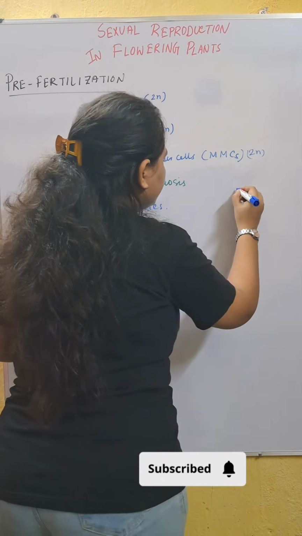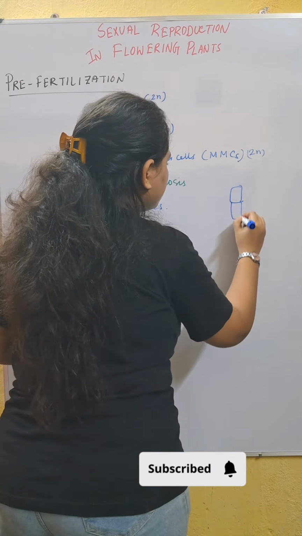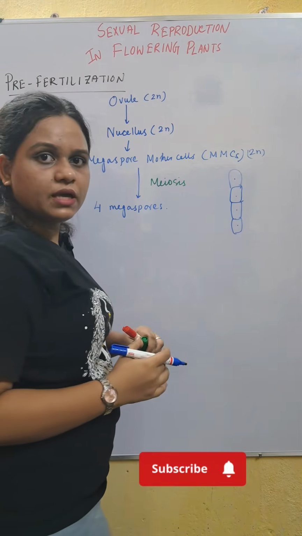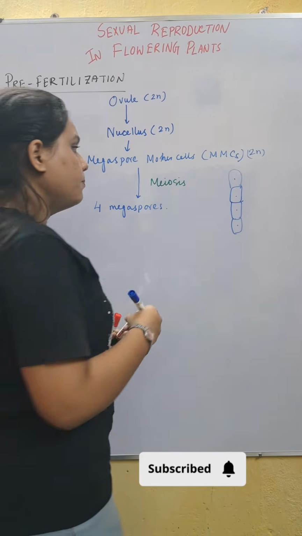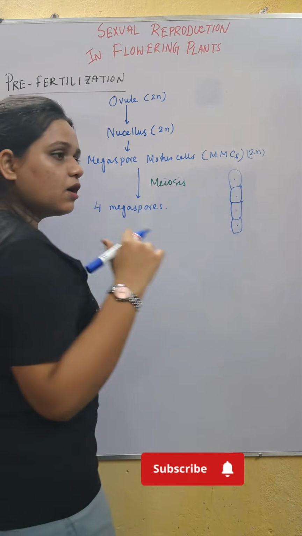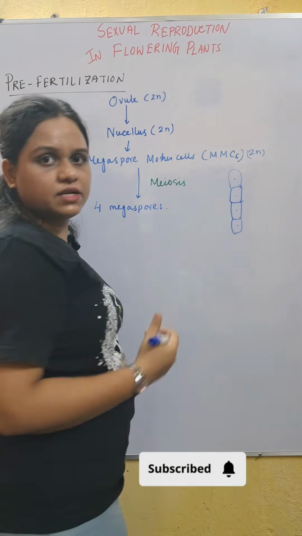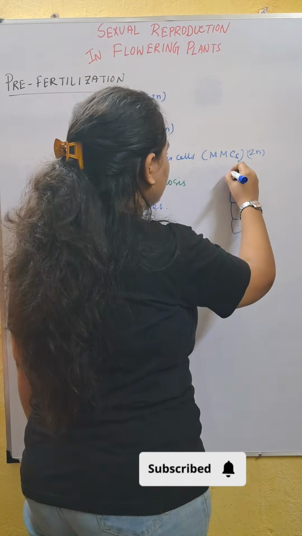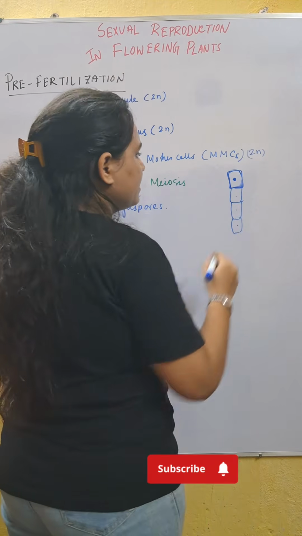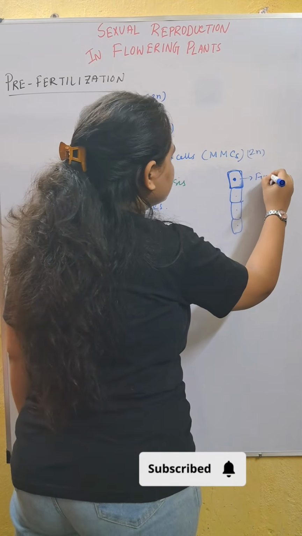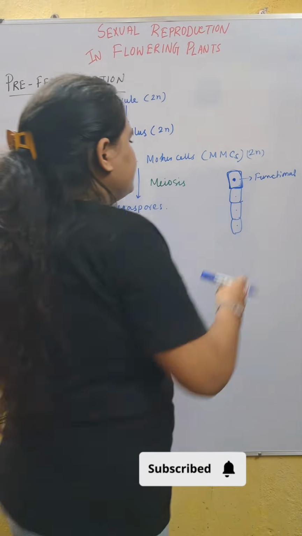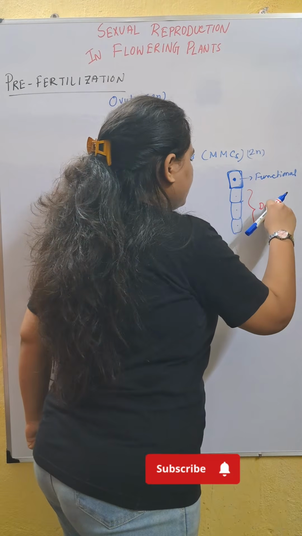Among these megaspores, they may form a linear tetrad or a 3D structure. Under this condition, 3 of the megaspores will degenerate and only one will function as the functional megaspore. So I am taking this one to be functional, and the rest 3 will degenerate.